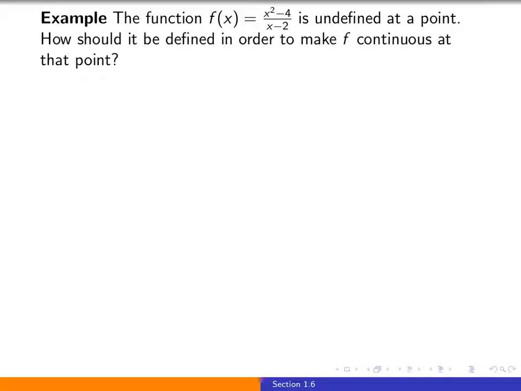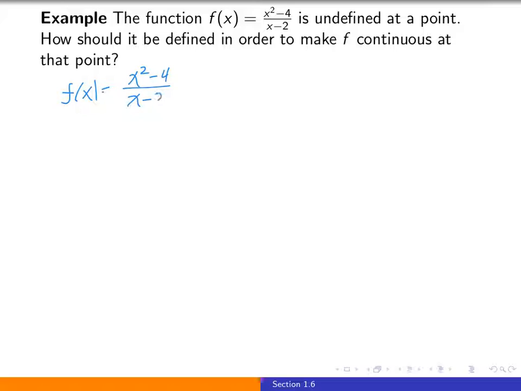So let's investigate the following example. The function given by f of x equals x squared minus 4 over x minus 2 is undefined at a single point, and the question is, how should it be defined in order to make the function continuous at that point? Well, the function that we have is x squared minus 4 over x minus 2.